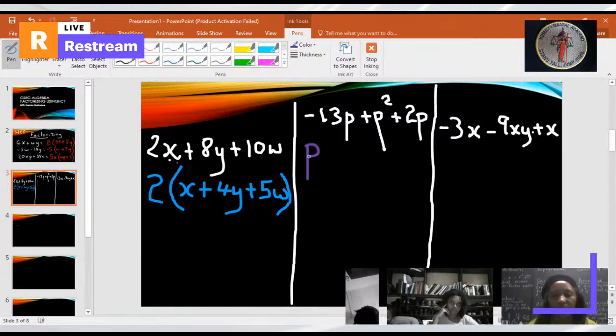And p into negative 13p would give you negative 13, since they cancel the p. Plus p into p squared is p, since p times p gives you p squared.